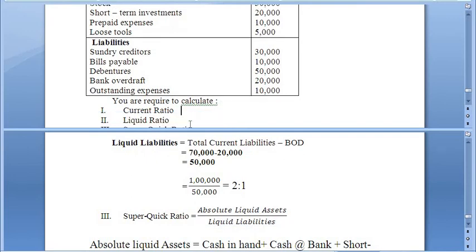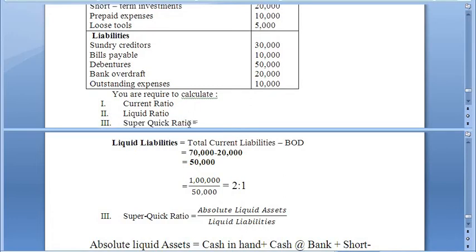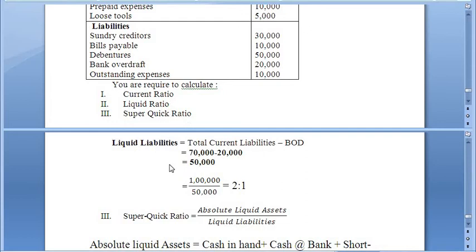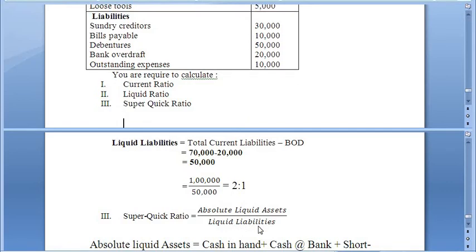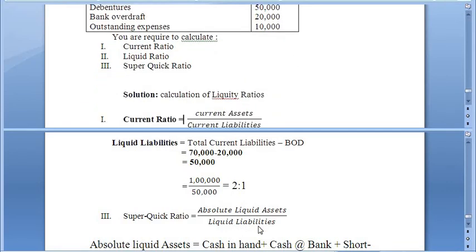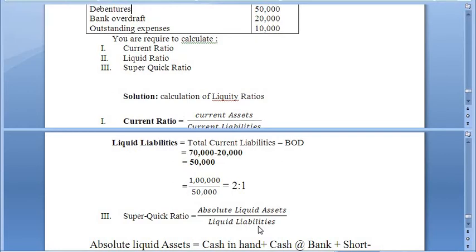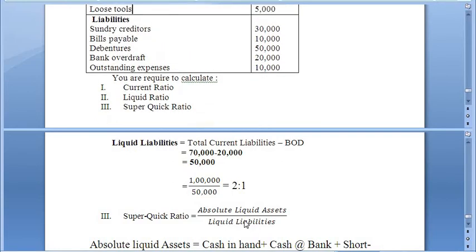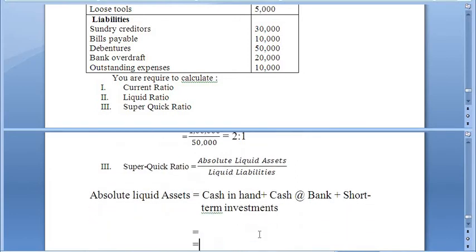We have calculated the current ratio and we got the answer of liquid ratio. Now the third one is super quick ratio. What is the formula of super quick ratio? Super quick ratio is equal to absolute liquid assets divided by liquid liabilities. Here we need to find out the amount of absolute liquid assets.